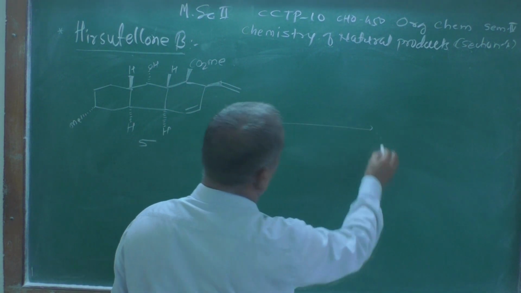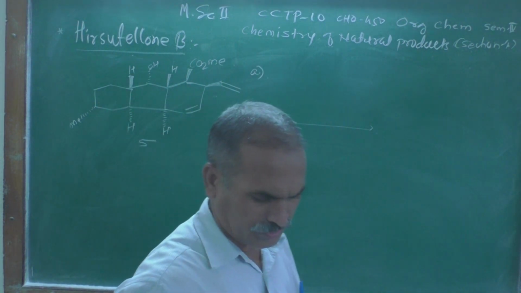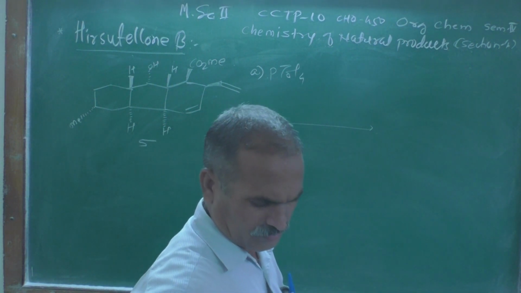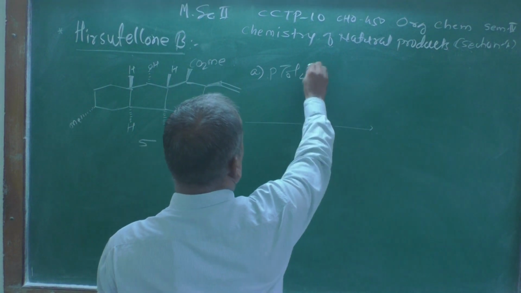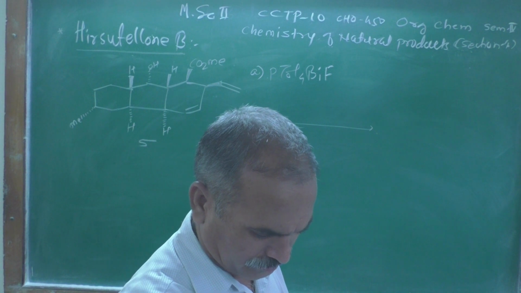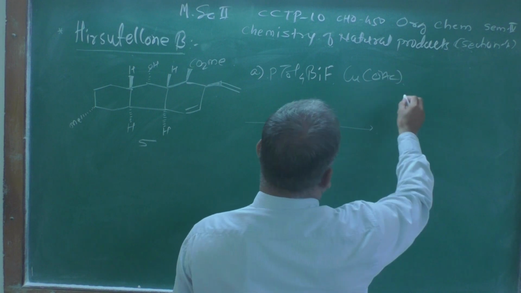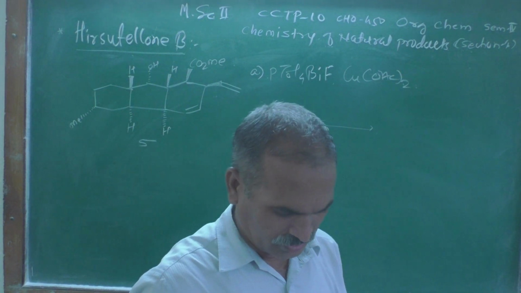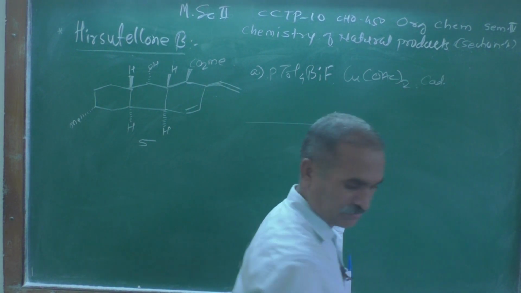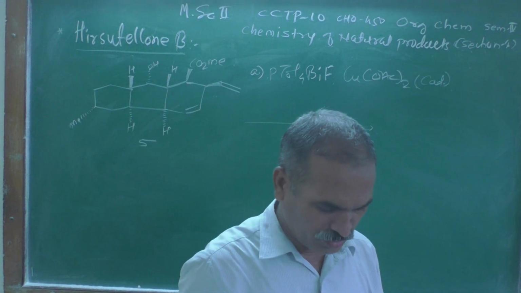Now let's add reagent number 1, A, which is para-toluene, BiF, bismuth fluoride, then CuOAc twice, cuprous or copper acetate, catalytic amount used over here.